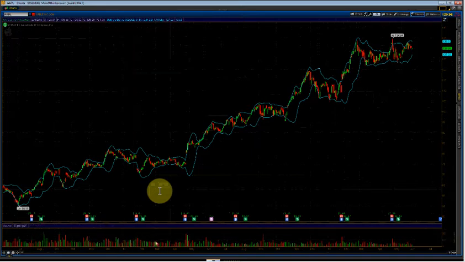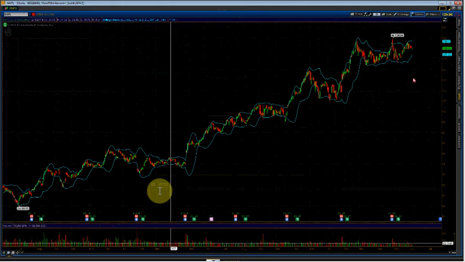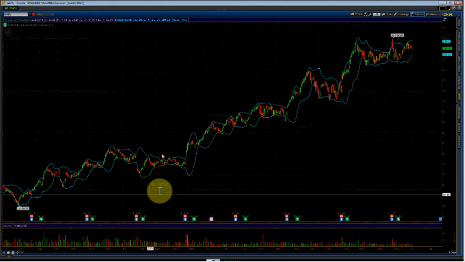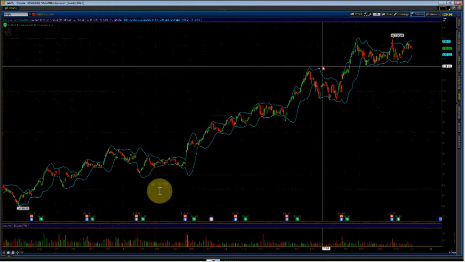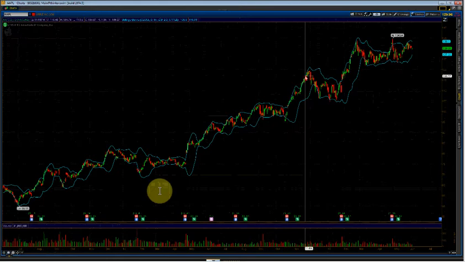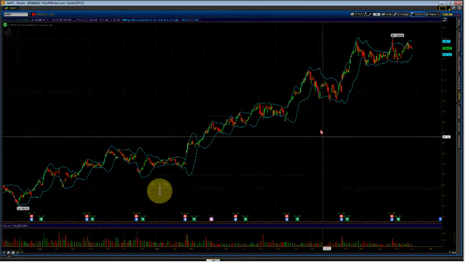So there can be effective indicators that you use to trade a stock. Did anybody see the settings I used for those Bollinger Bands here on Apple? It was a 14. No, it wasn't 1420.